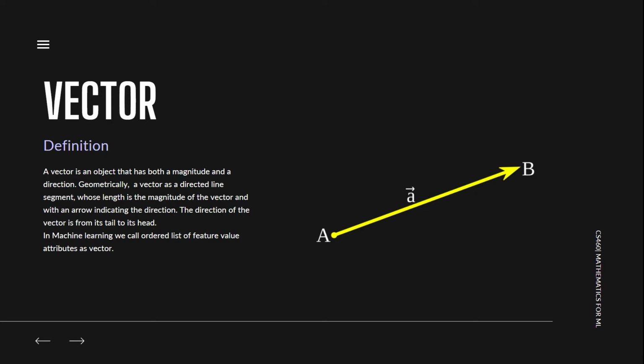Geometrically, a vector is a directed line segment whose length is the magnitude of the vector, with an arrow indicating direction. The direction of the vector is from its tail to its head. So as we can see in the image, the vector points in the direction of A to B, and the length of the vector is the distance from A to B.